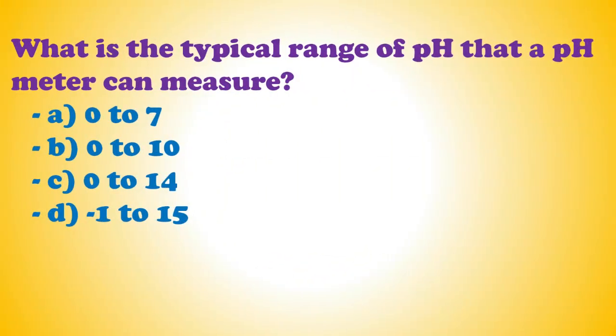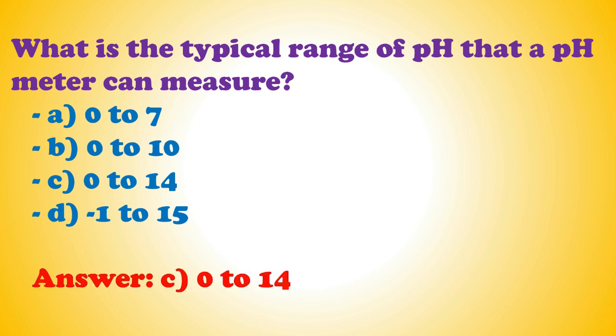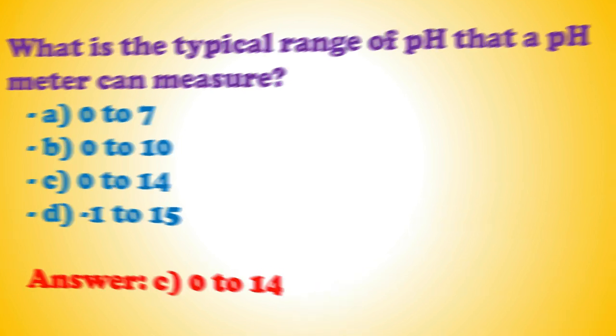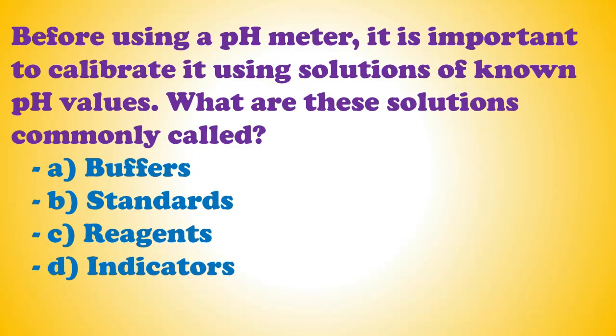What is the typical range of pH that a pH meter can measure? 0 to 7, or 0 to 10, or 0 to 14, or 0.1 to 15? What's your answer? Yes, you are correct. The answer is 0 to 14. The next one.